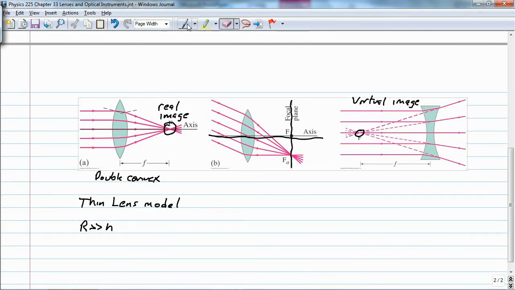So in these problems, we'll have to remember that the lenses are pretty small, the radiuses are quite a bit bigger. So let's look at how we can define some properties of our lenses based on the double convex lens.